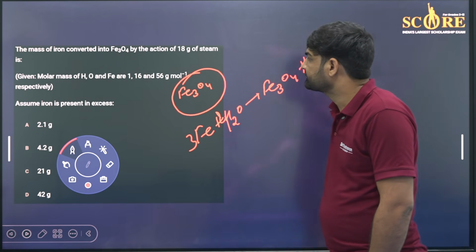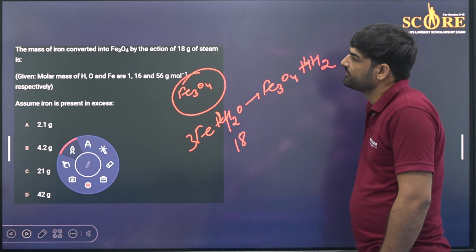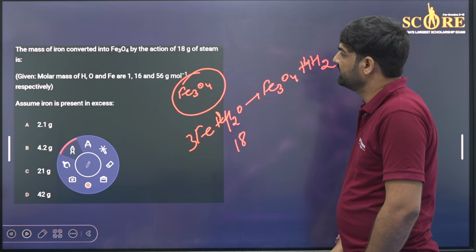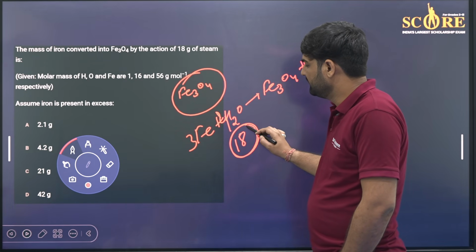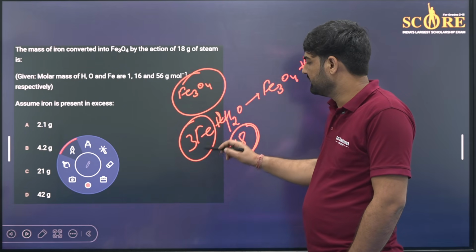Now, 18 gram of steam: how much iron can be converted by the steam?